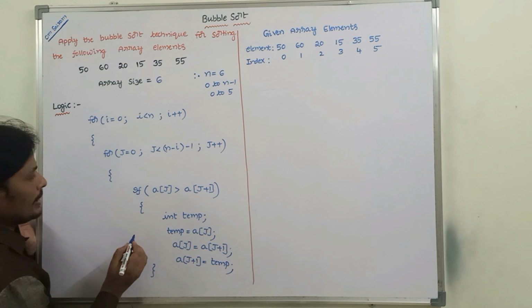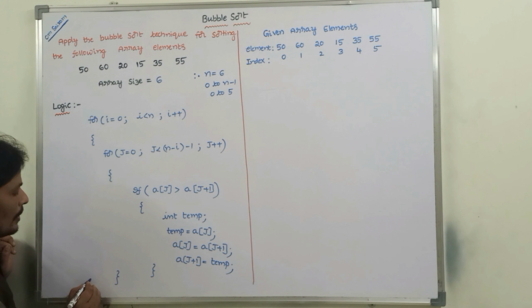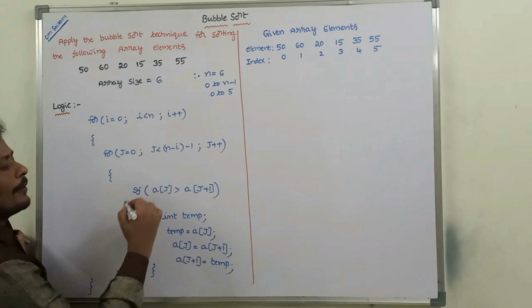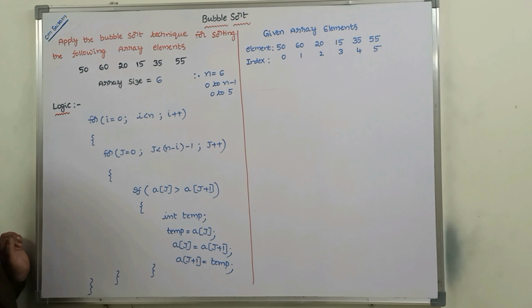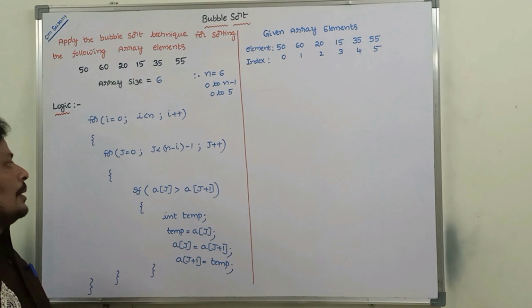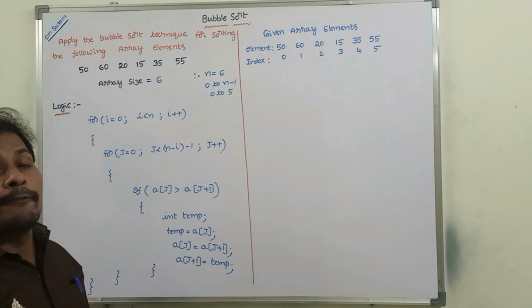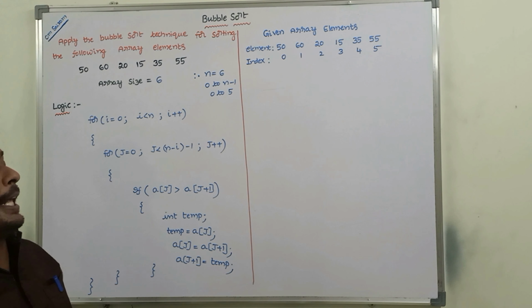So this is the if close, for loop close and for loop close. This logic is used for swapping the elements that are not in sorted order. Now apply this logic to the given array elements for sorting the array elements.